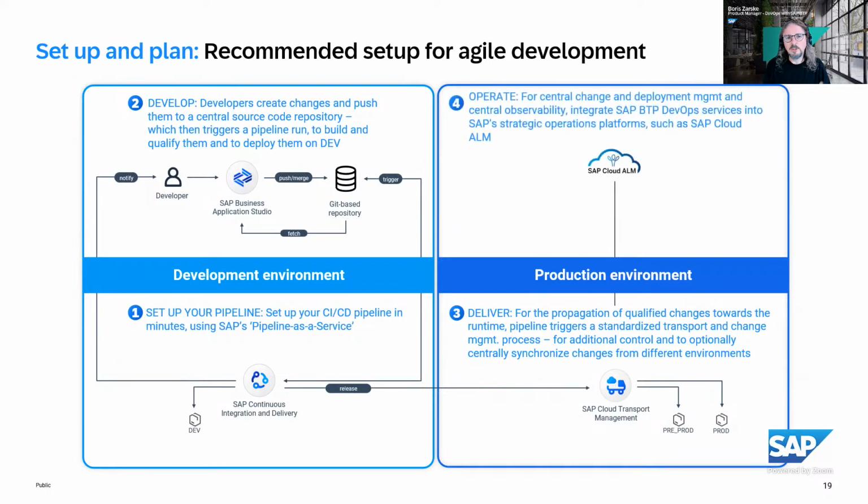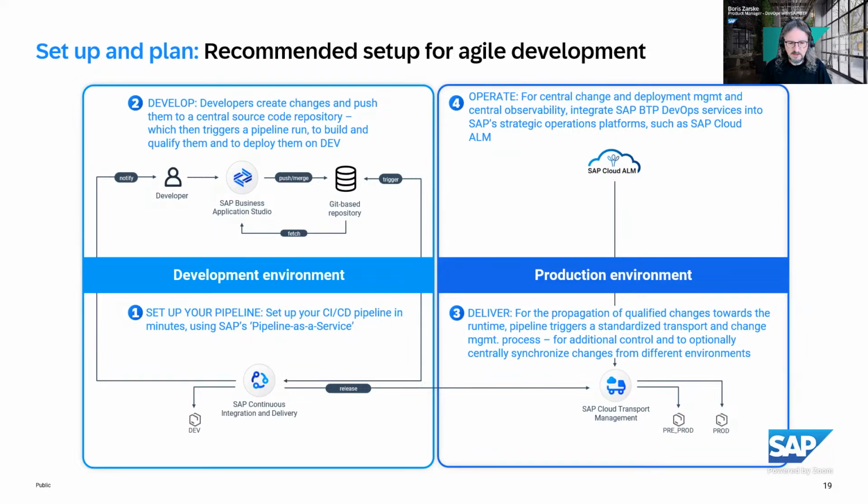And for that, SAP Cloud ALM can also orchestrate SAP Cloud Transport Management, where you have higher level change management processes, again with approval, or also the option to bring in changes from different environments into one overarching feature or change document.